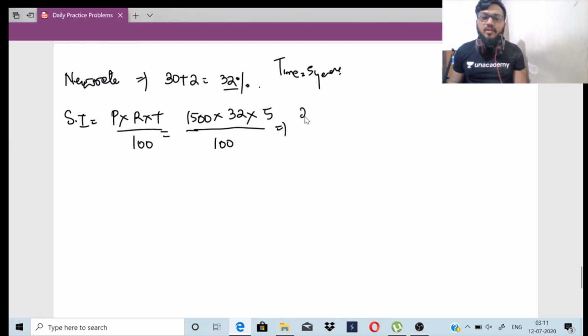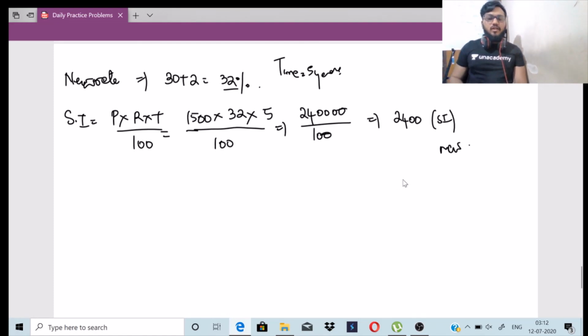So this will be equal to 24,000,000 divided by 100. If we cancel the zeros, what is left with me? 2400. So this is my new SI.